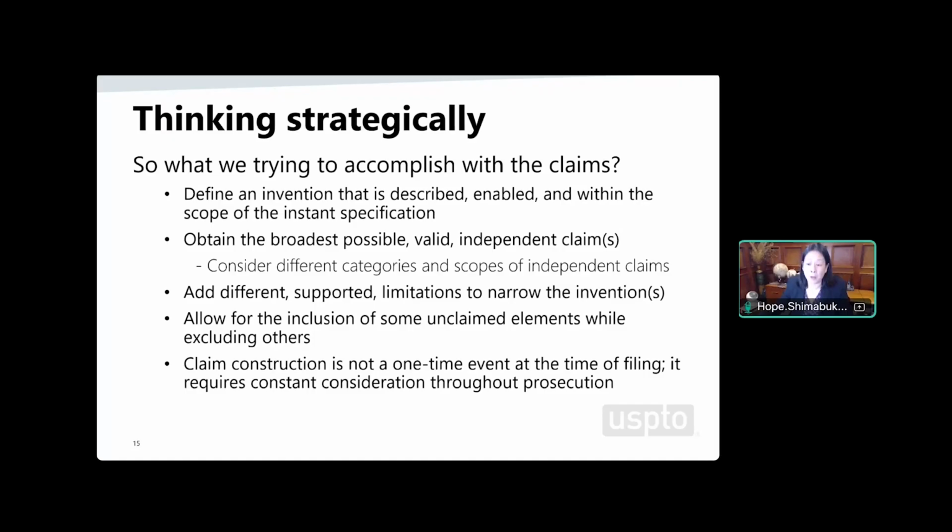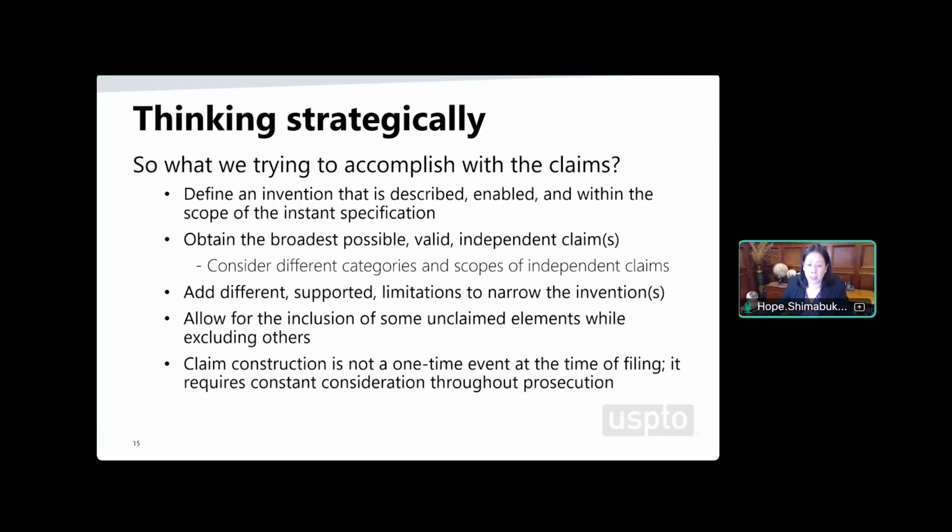After you receive your first office action, you'll have the opportunity to make changes to your application, and those changes are called amendments. You would submit these amendments, and the examiner is able to respond in what we call a second attempt. This back and forth between the examiner and the inventor is what we call prosecution.